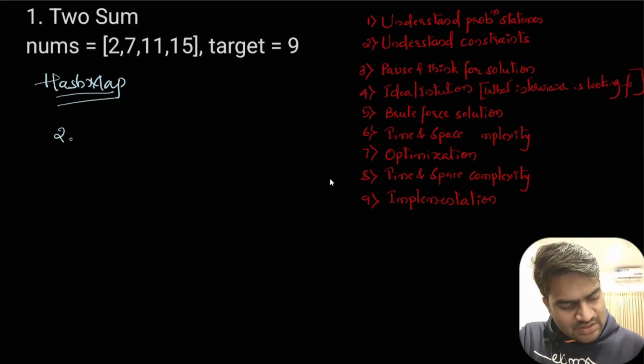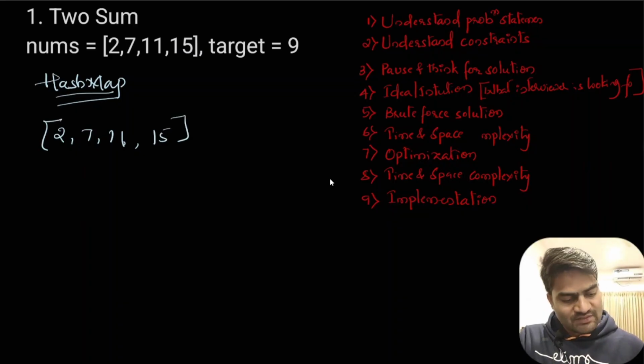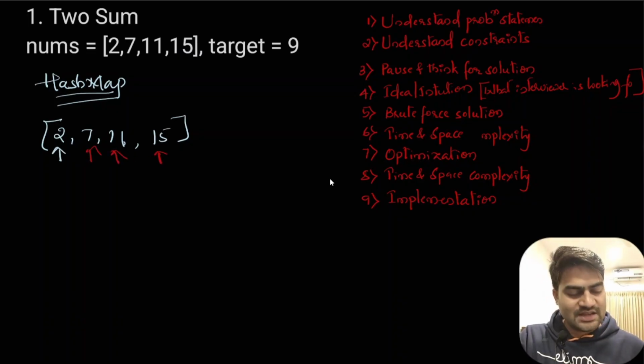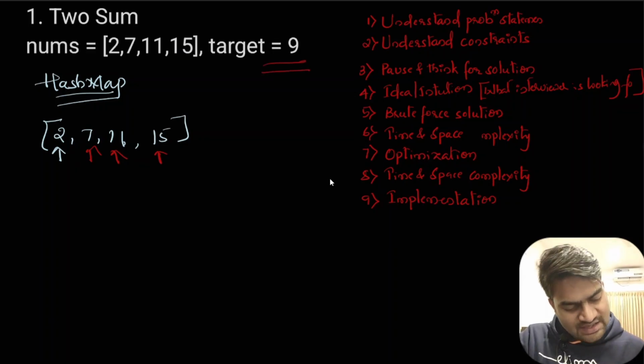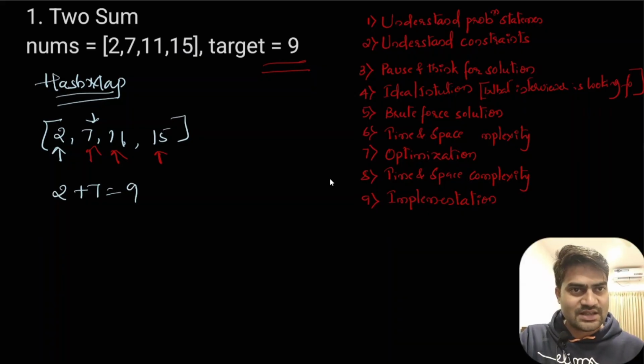The array is 2, 7, 11, then 15. Now I will start from here, then iterate over each element and sum up those values to see if it is equivalent to my target. Here I will start with 2, then iterate from the next position. So 2 plus 7 equals 9. In this case, it gives us the target in the first iteration itself.